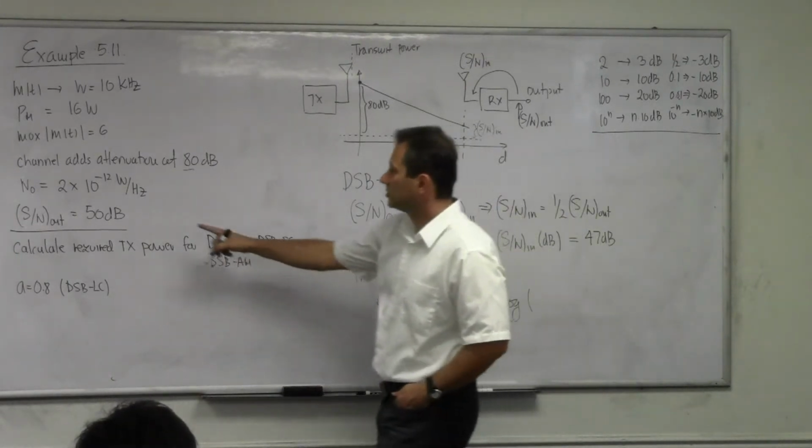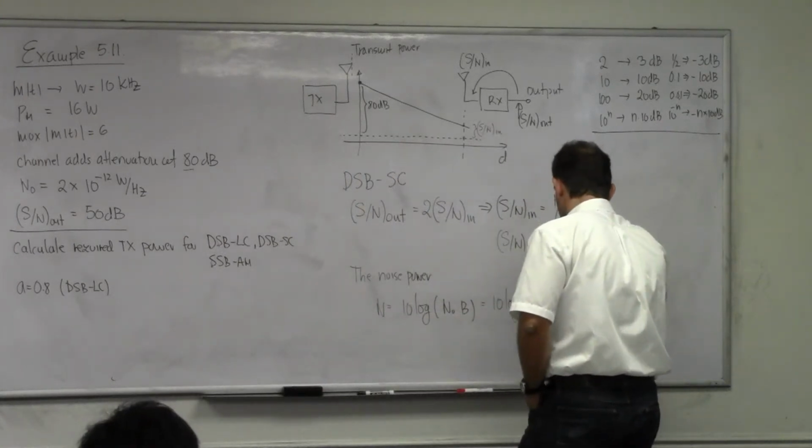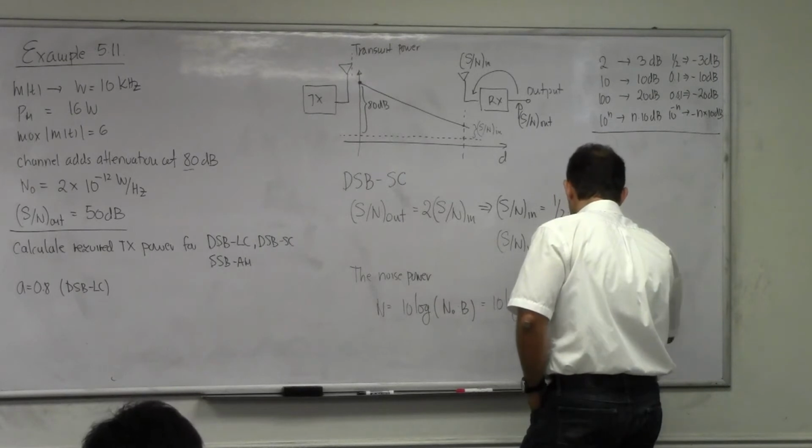N0 is 2 times 10 to the minus 12 watts per hertz times the bandwidth.